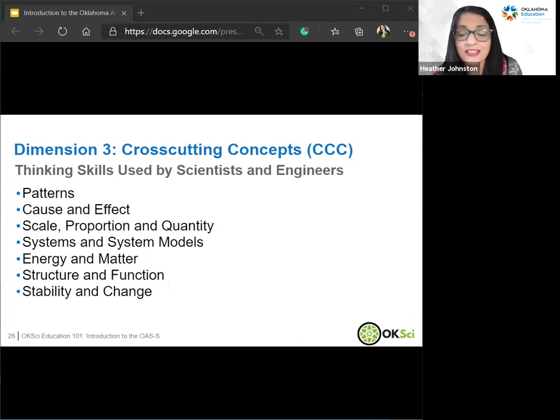Sometimes these cross-cutting concepts blend in with the disciplinary core ideas, and so can be hard to distinguish between the two, but that is why the foundational boxes within the standard are really helpful to indicate what is expected of the cross-cutting concept and how that supports the disciplinary core idea.